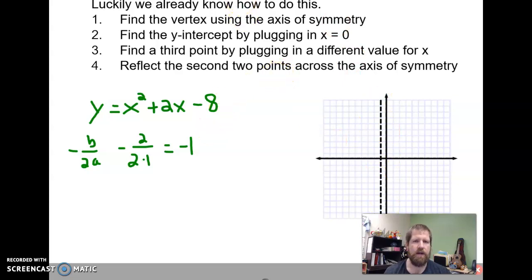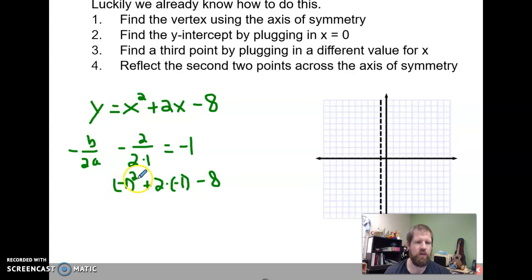Okay, so now I go back and find my vertex, plugging in my axis of symmetry for x. If x is negative 1, I have negative 1 squared plus 2 times negative 1, minus 8.